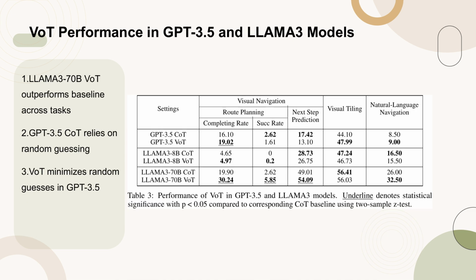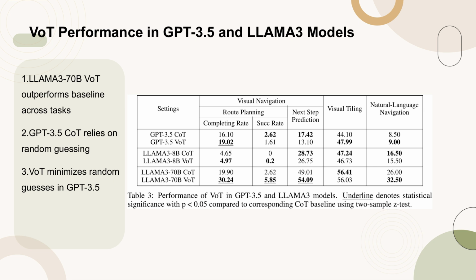Table 3 presents the performance of visualization of thought, VOT, in GPT 3.5 and Llama 3 models across various tasks. Notably, Llama 3-70B VOT significantly outperforms the baseline in most tasks, indicating a scaling advantage with more advanced models. Conversely, GPT 3.5 COT often resorts to random guessing, particularly in spatial reasoning tasks, leading to token exhaustion.